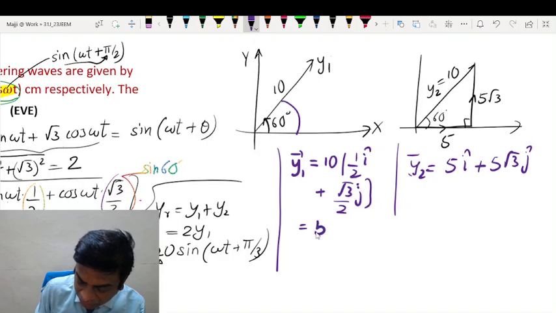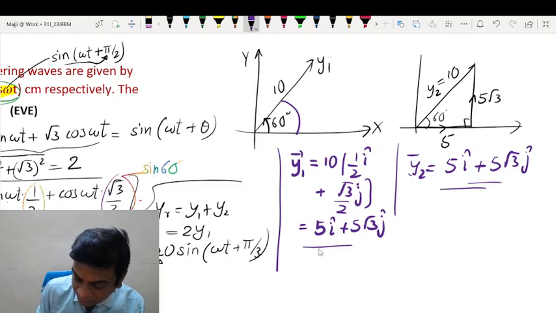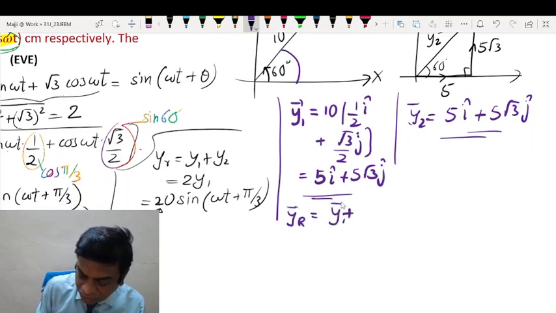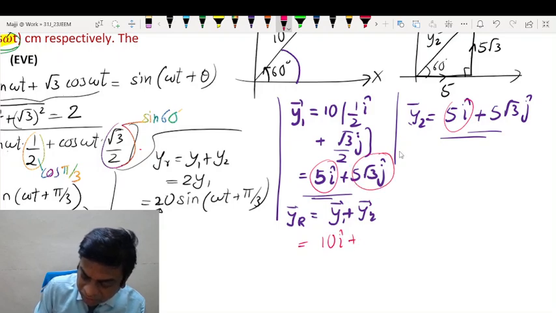So you can see both are one and same. Therefore, resultant as per the principle of superimposition is this. So 5 i cap plus 5 i cap is 10 i cap. 5 root 3 j cap plus 5 root 3 j cap is 10 root 3 j cap.